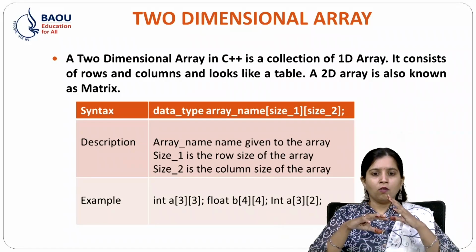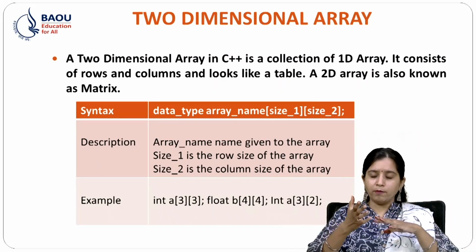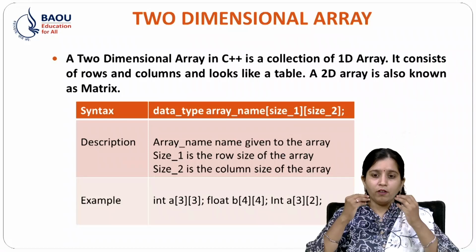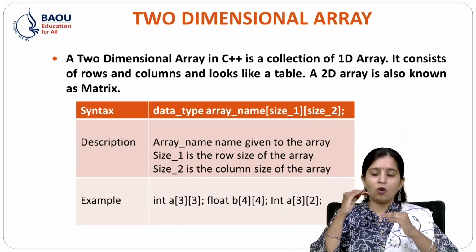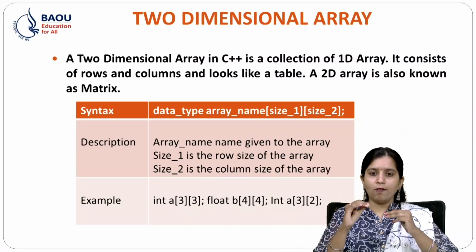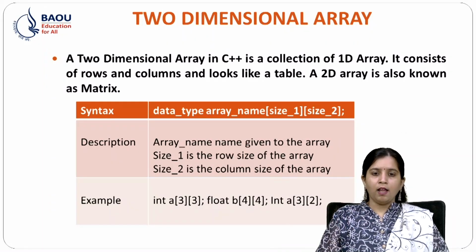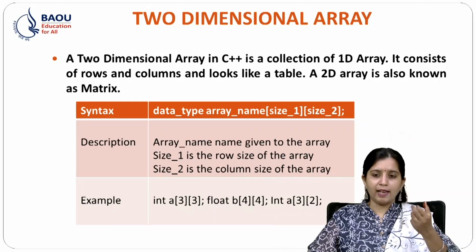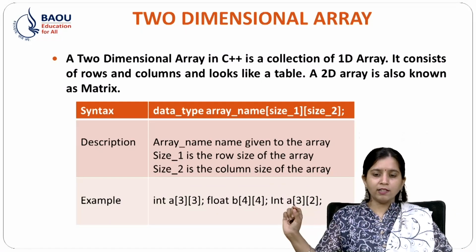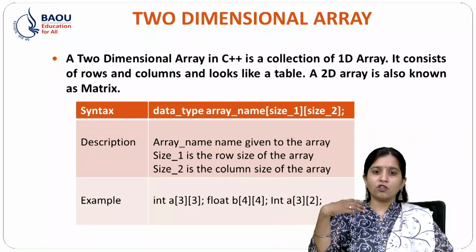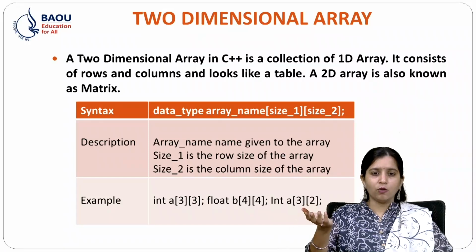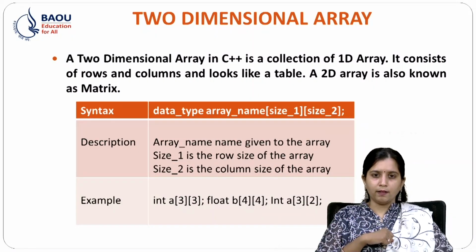So why do we use two-dimensional arrays? If we want to fetch the column and row of a particular element, then we will use two-dimensional arrays. In one-dimensional arrays, we have only one single row. So a collection of one-dimensional arrays is known as a two-dimensional array.